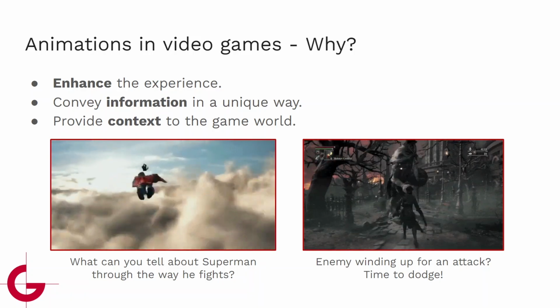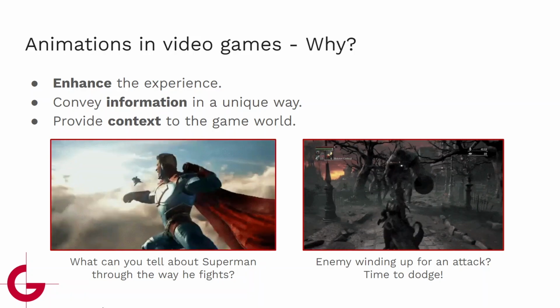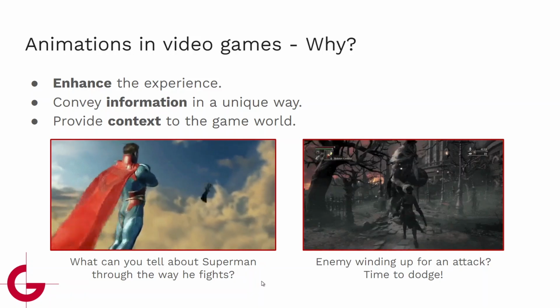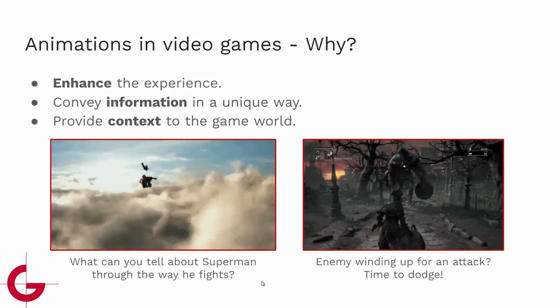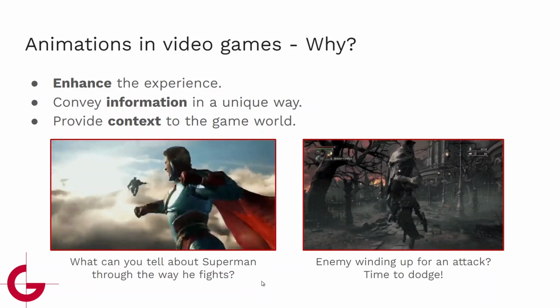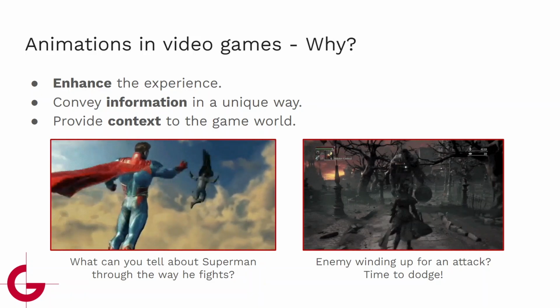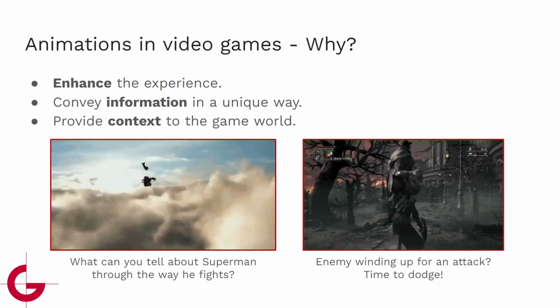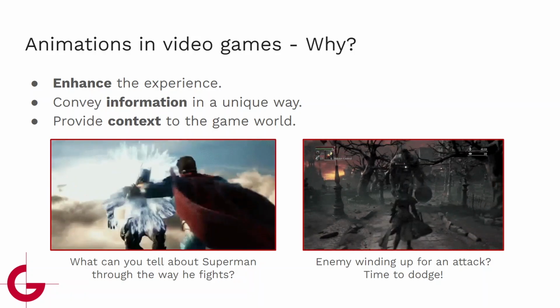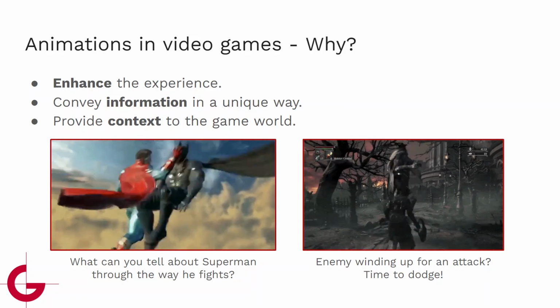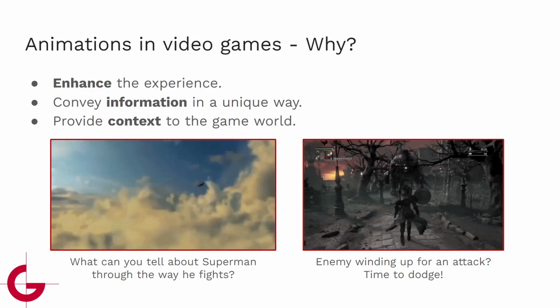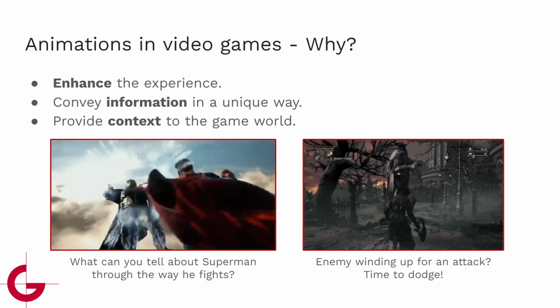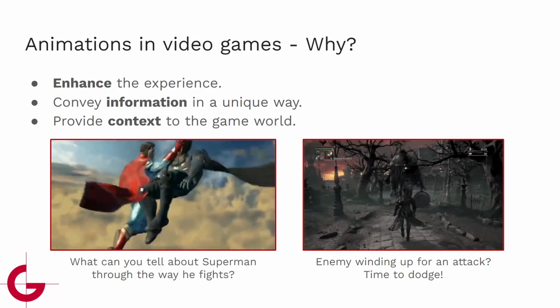So if you look at the animation on the left here, like the animation of Superman and Batman, what can you tell about them through their animation? That shows you that the information that animation tells you is in a very unique way.